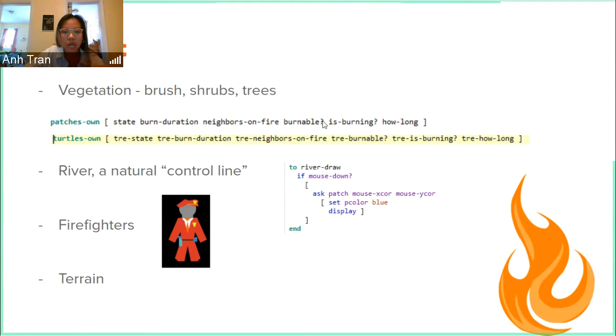And besides all of this, we have orange patches that represent those that are on fire, and then red patches that represent an ember phase before the fire completely burns out.